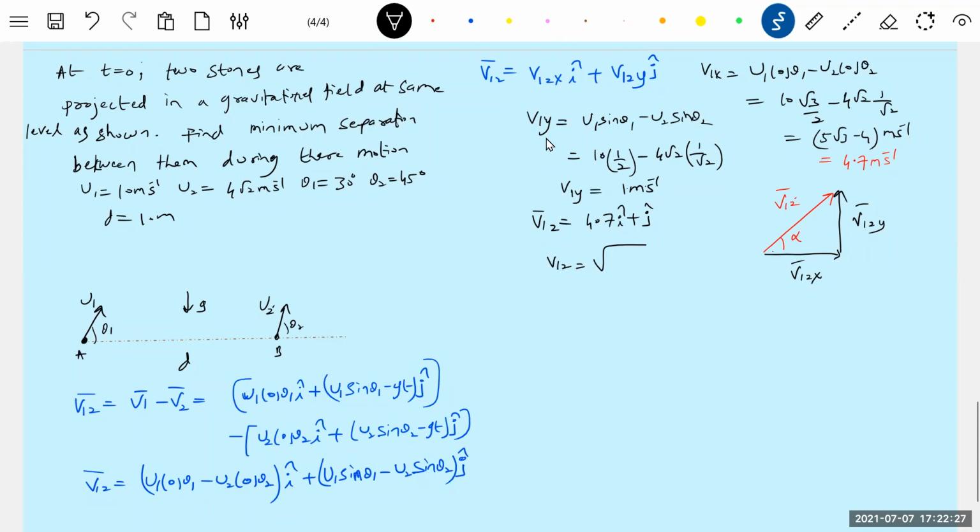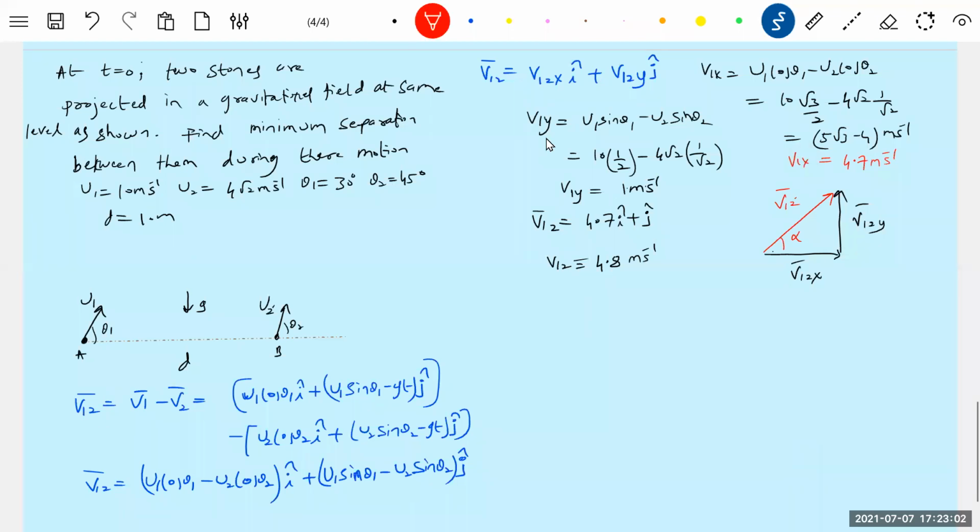No, sir, the value I was telling, sir, V12x is 4.7. V12 will be more than that. 4.8, approximate. Yes, sir. Yeah, we'll keep this much. Now we have this much of value. These values are, I think, very important for us.